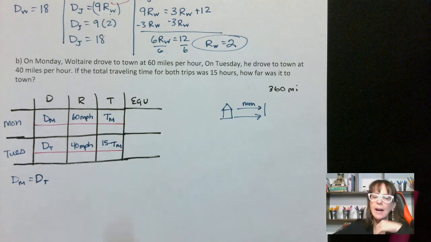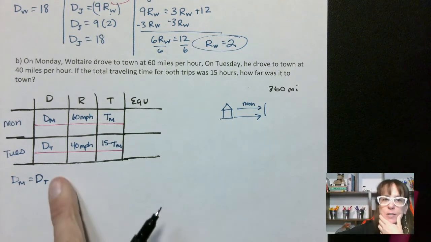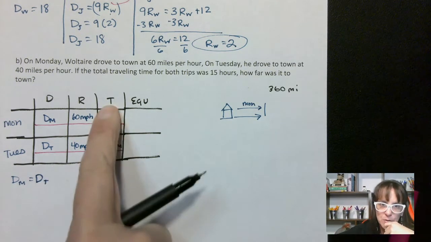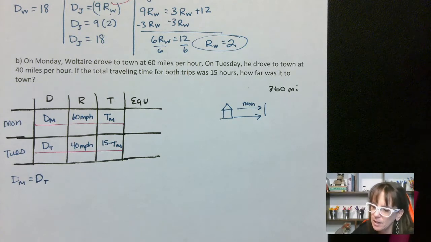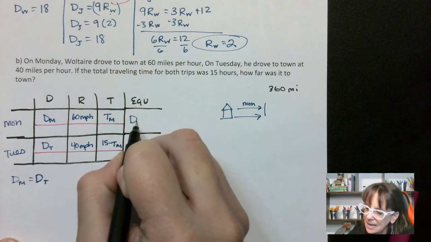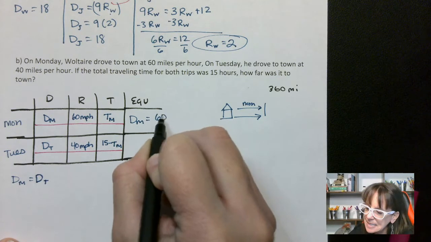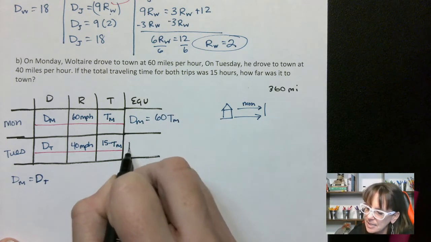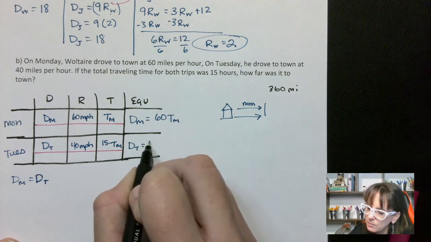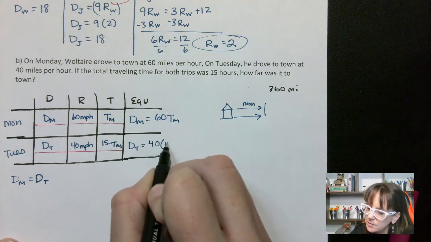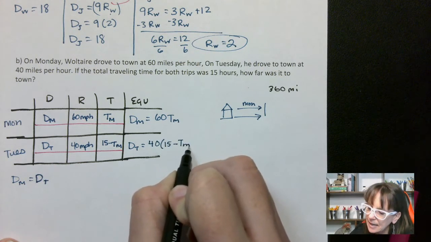If it took him 1 hour on Monday, then Tuesday would be 14, because together those have to equal 15. So that gives us dm equals 60 tm, dt equals 40 times 15 minus tm.